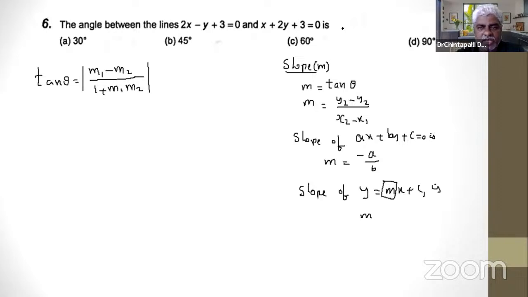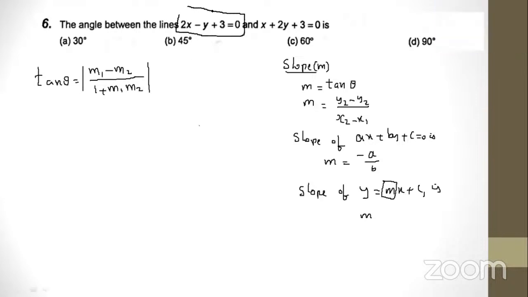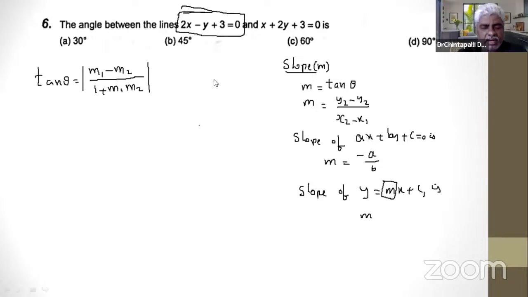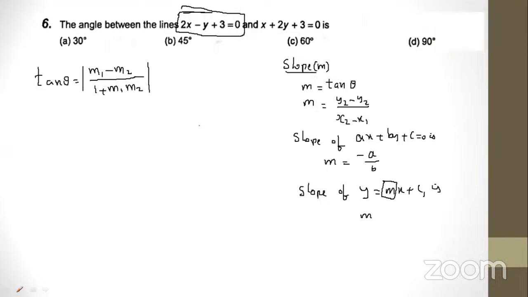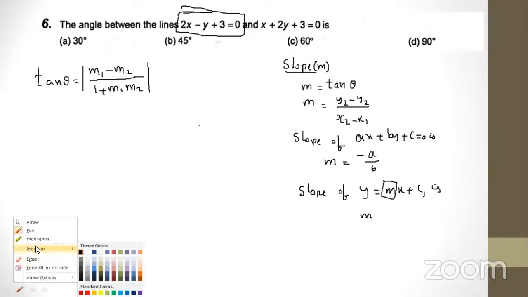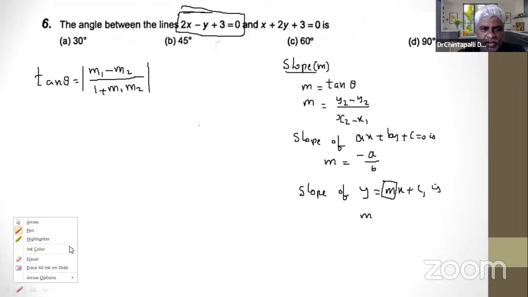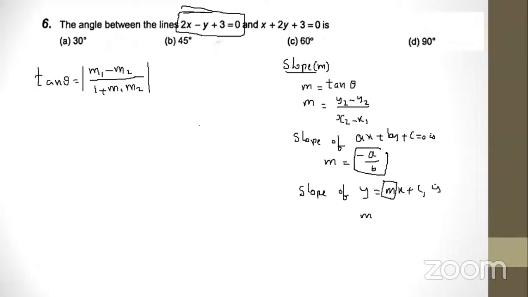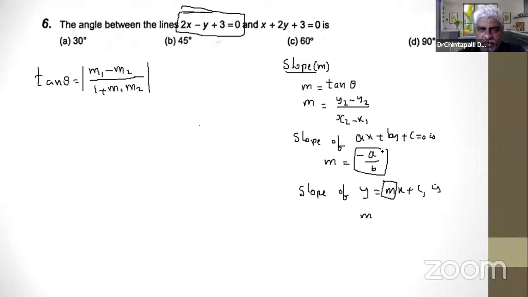Now tell which formula is used to find the slope of the first line. What is the slope of this line, 2x minus y plus 3 equals 0? Formula 3, sir, slope of ax plus by plus c. Negative a by b. A means x coefficient, b means y coefficient.